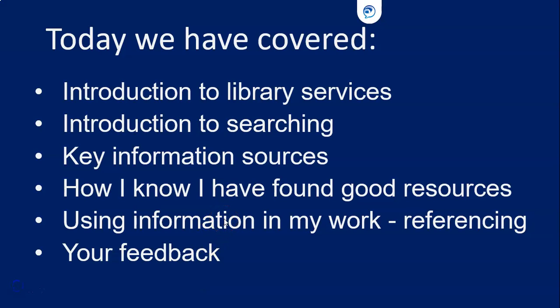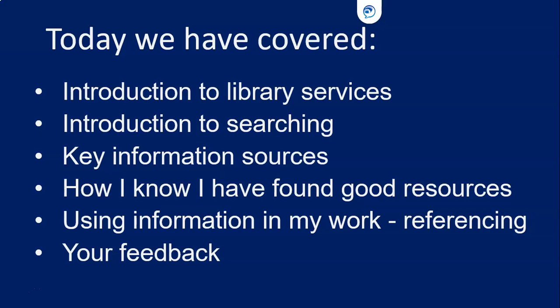So in this lecture, we've looked at the library services. We've looked at the theory of creating an effective library information search using the research cycle. We've looked at some key information sources such as Library Online for the online books and journal articles.